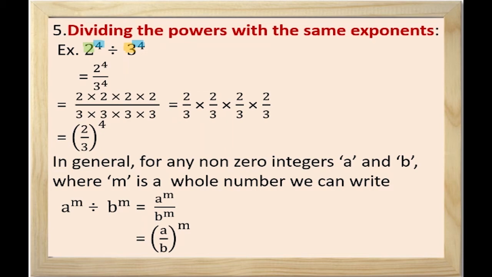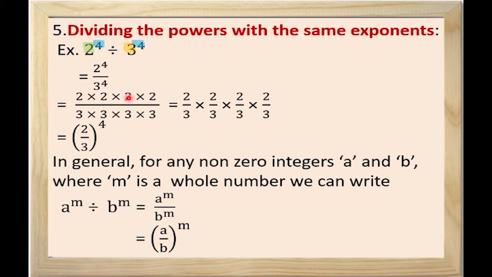Yes. Now, children, I can write this 2 raised to the power of 4 divided by 3 raised to the power of 4 as 2 raised to the power of 4 by 3 raised to the power of 4. Yes, but 2 raised to the power of 4, I can write it as 2 multiplied to itself 4 times, and 3 raised to the power of 4, I can write it as 3 multiplied to itself 4 times.